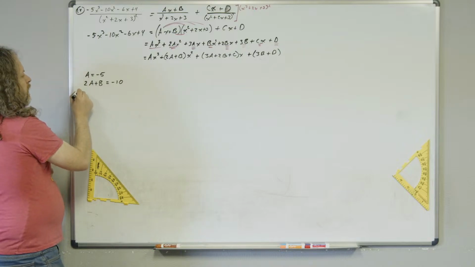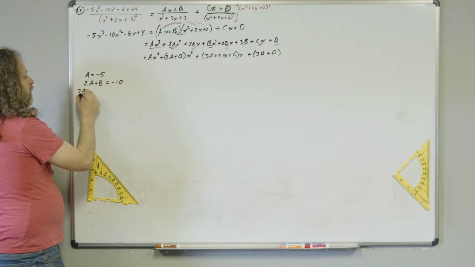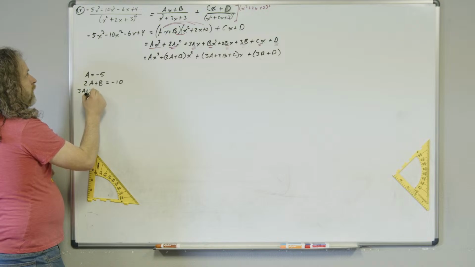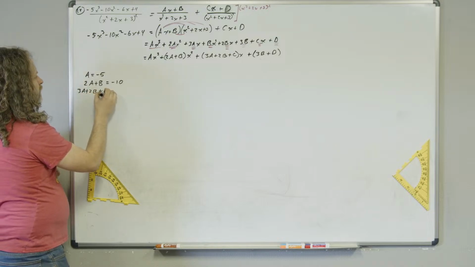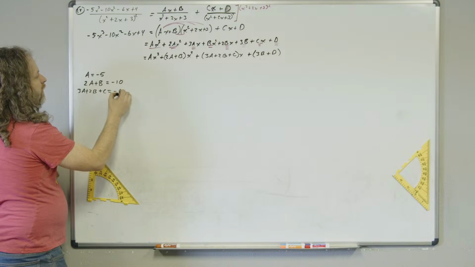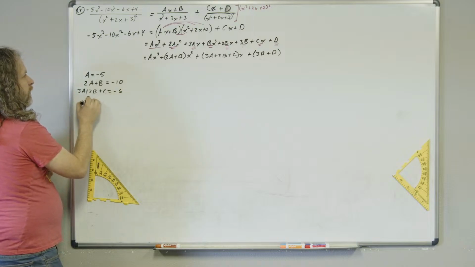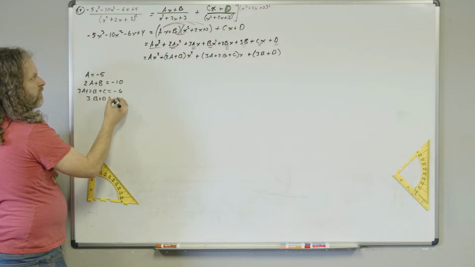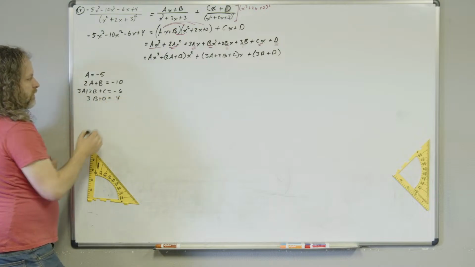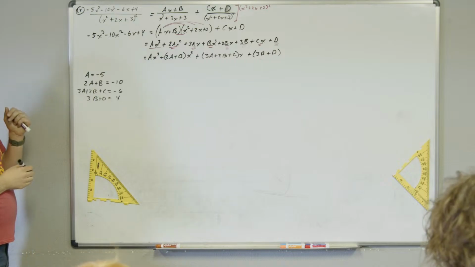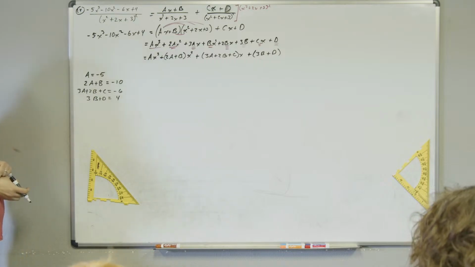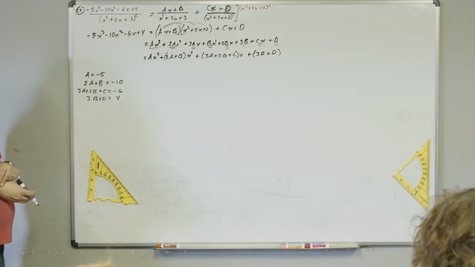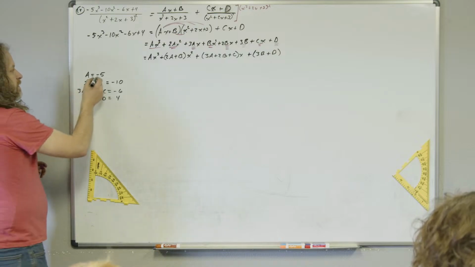And then 3a plus 2b plus c equals -6. And then 3b plus d equals 4. We can definitely solve for b. We can substitute easily. Substitute right here.